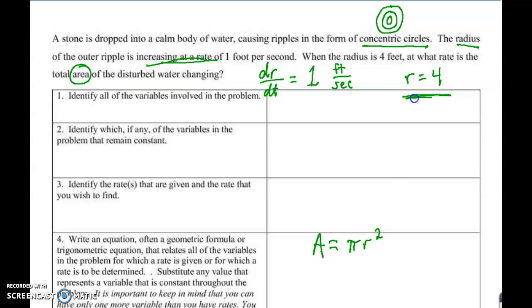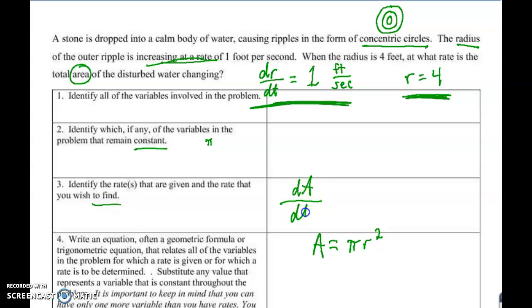So we know the r, we know dr/dt. Are there any constant variables? Well, technically no, although some of you might be saying, well, pi is always 3.14, so it is a constant. I'm trying to think what else. And what are we trying to solve for? What we wish to find would be dA/dt.